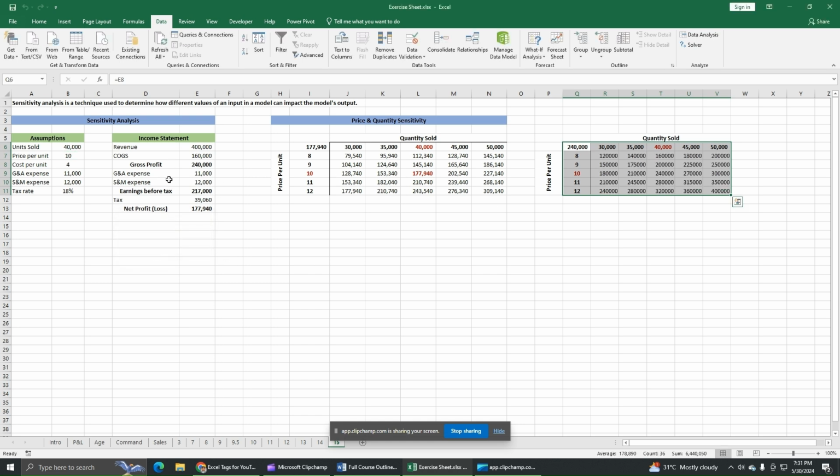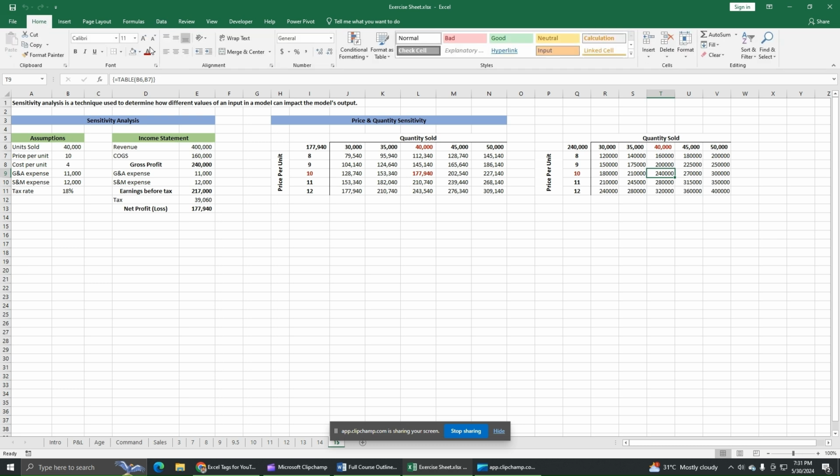In this model we have found gross profit of 240,000 when the quantity sold was 40,000 and price per unit was 10. So 40,000 and 10, this was our gross profit.